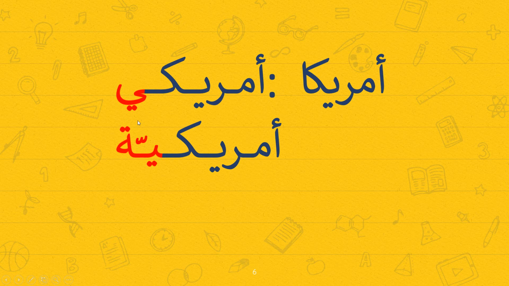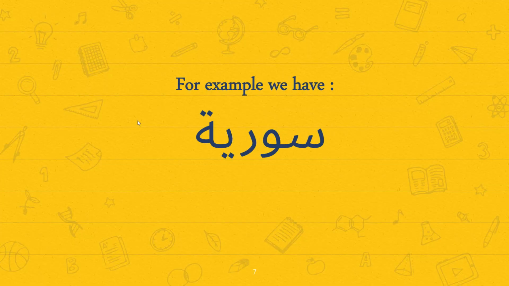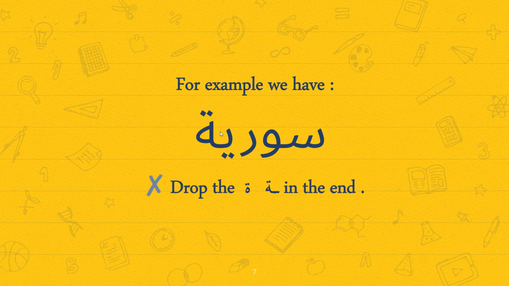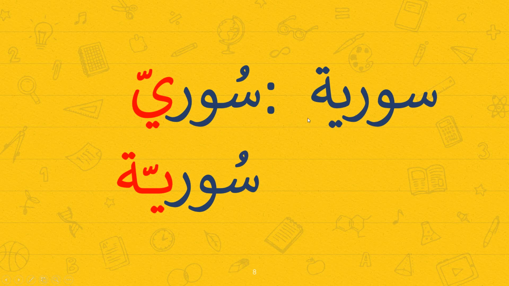The third rule is we have Syria. We notice that it ends with a ta marbuta. So what you will do, you will drop the ta marbuta in the end and add the ya. So let's see. We have Syria.